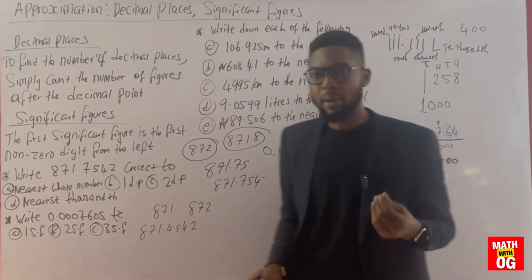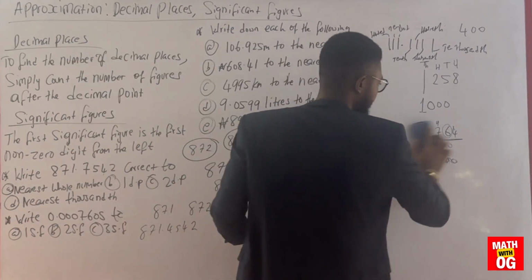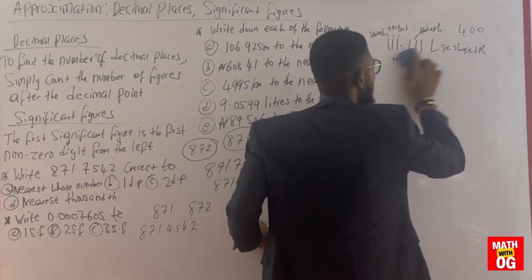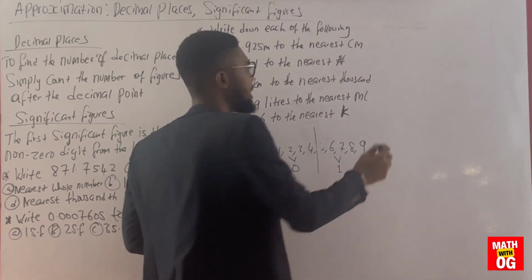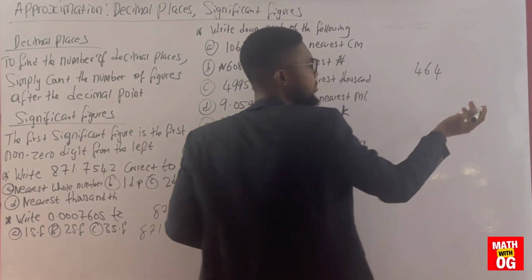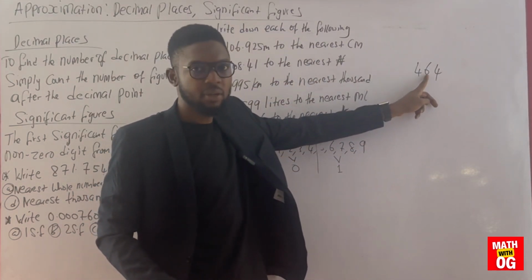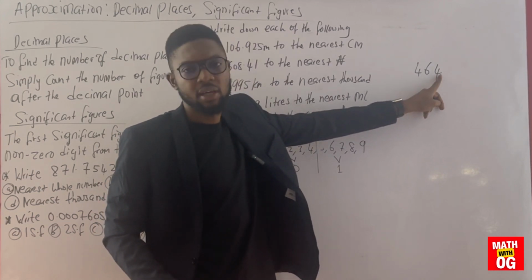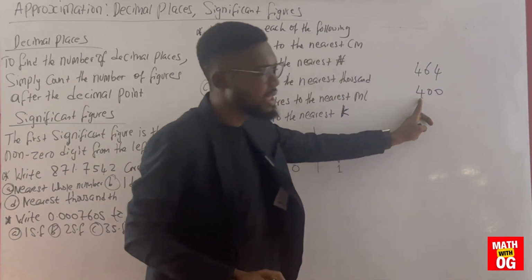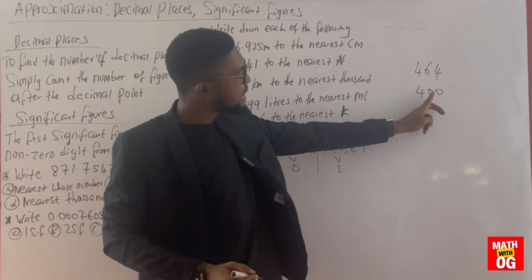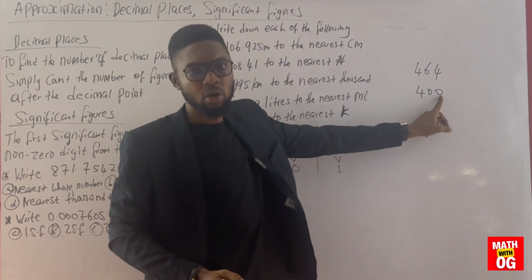So let me explain by dropping some numbers on the board. Now I have a typical number like this, 464. This guy here is the first significant figure, this is the second significant figure, and this is the third significant figure. I have another number, 400. This guy here is the first significant figure, this guy here is the second significant figure, and this guy here is the third significant figure.